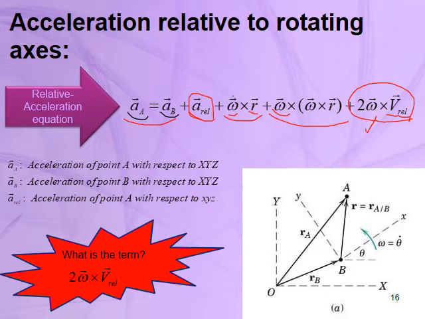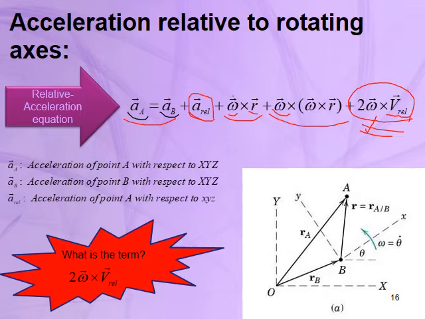For example, in a problem dealing with the motion of a rocket, whose motion is significant in comparison with the motion of the Earth, this term is very important, and it's crucial to consider it in your calculations.